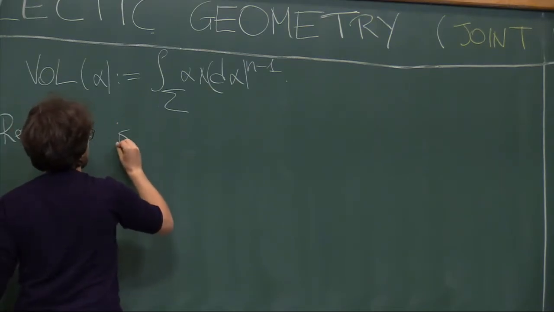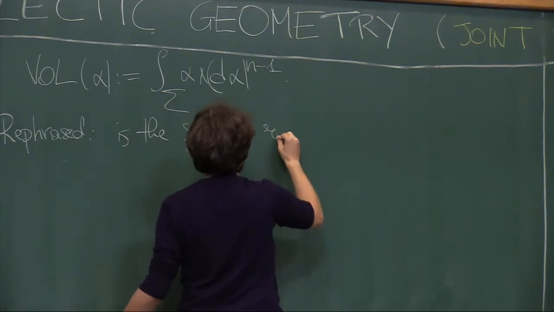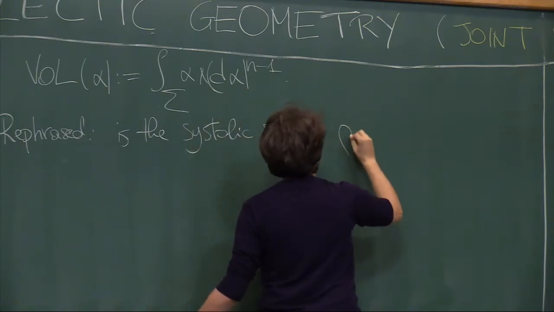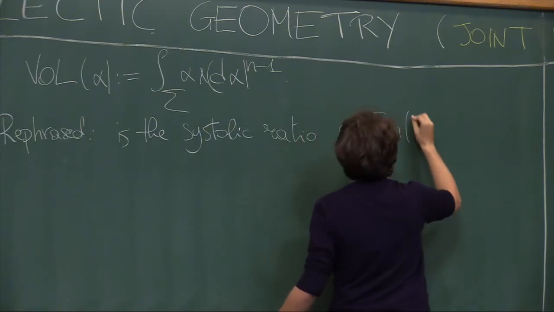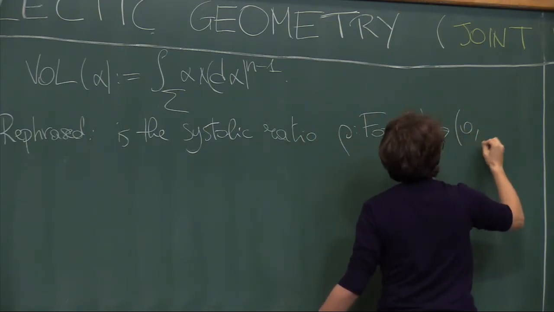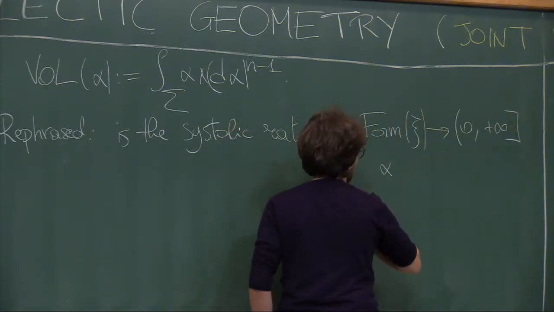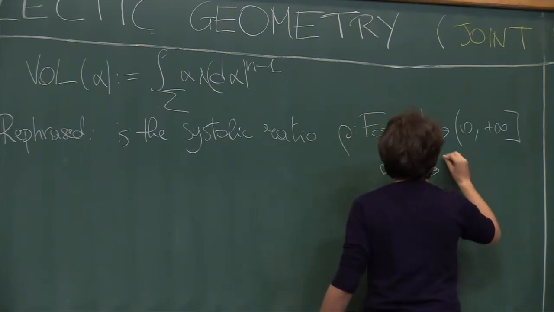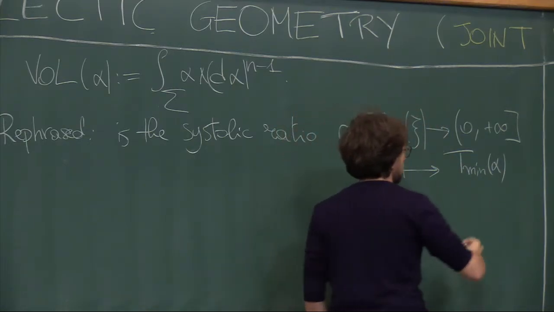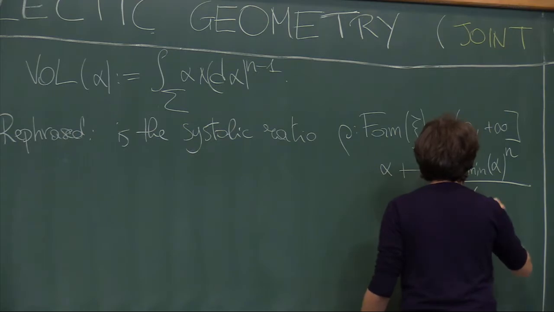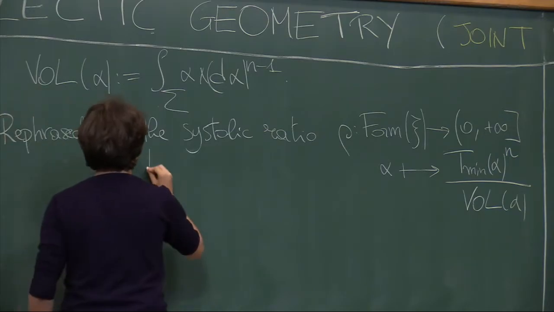The question now becomes: is the systolic ratio rho, a function defined on the space of contact forms into (0, plus infinity), sending alpha to the minimal period of a closed periodic orbit of alpha, to the n, divided by the volume of alpha, bounded from above?